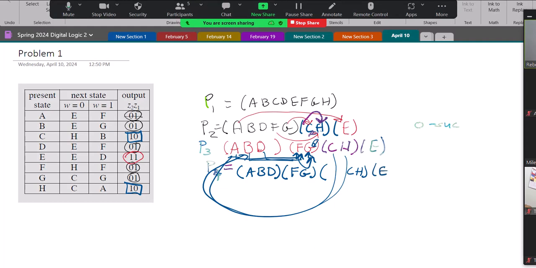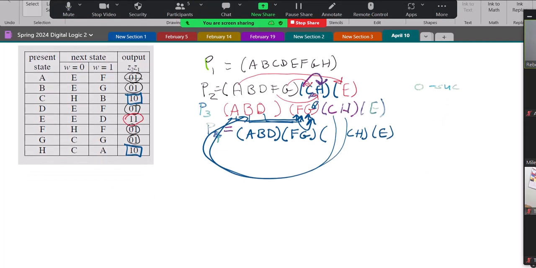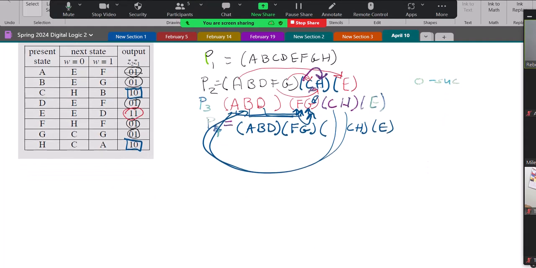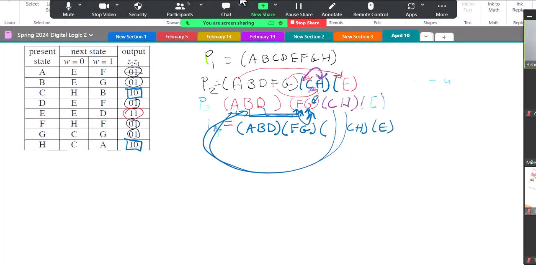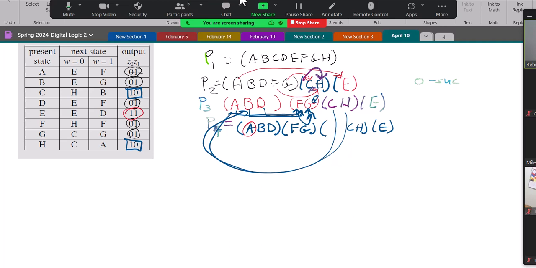Then E's by itself, so it stays together. Now you just pick one out of each group to represent that group. So I'll choose A and F and C and E, and those will be my states.